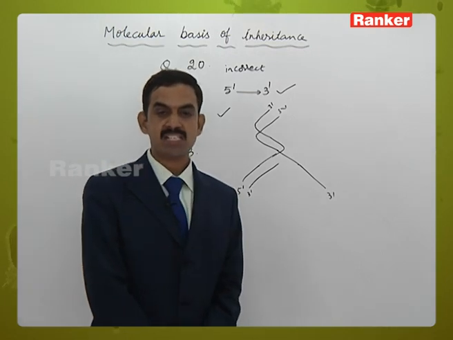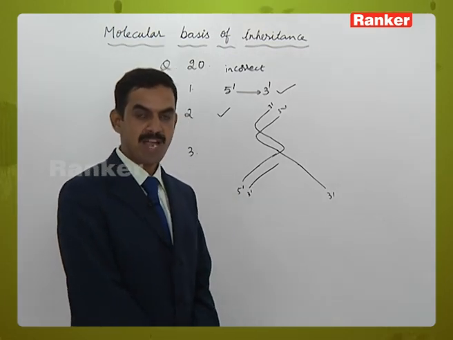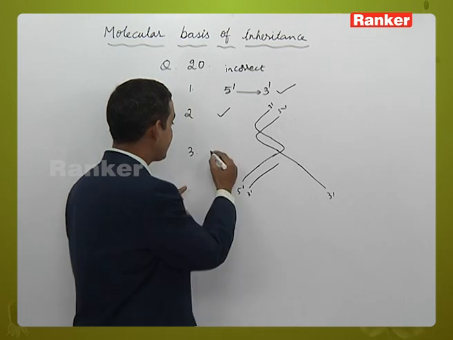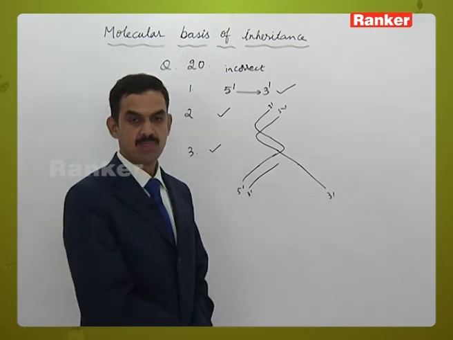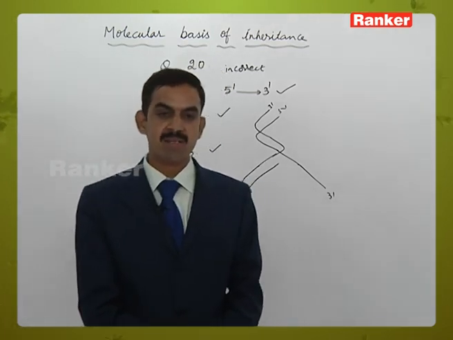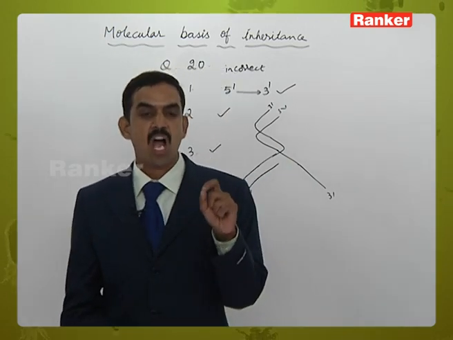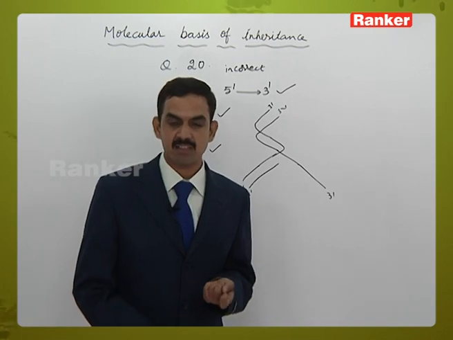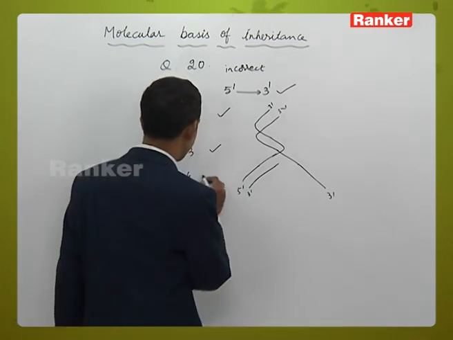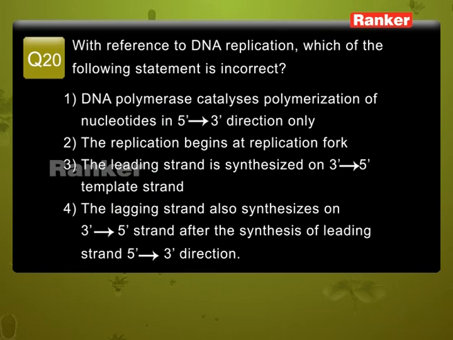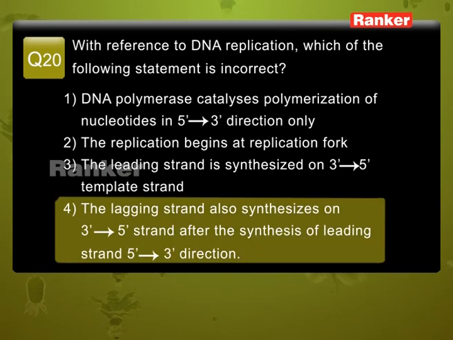Likewise, it is on the 3' to 5' direction on the template. Then this statement is also correct. And here it is coming to the last statement, the lagging strand also synthesized on 3' to 5' strand after synthesis of leading strand, which is incorrect. So that fourth statement is incorrect. So question number 20, the correct answer is 4.